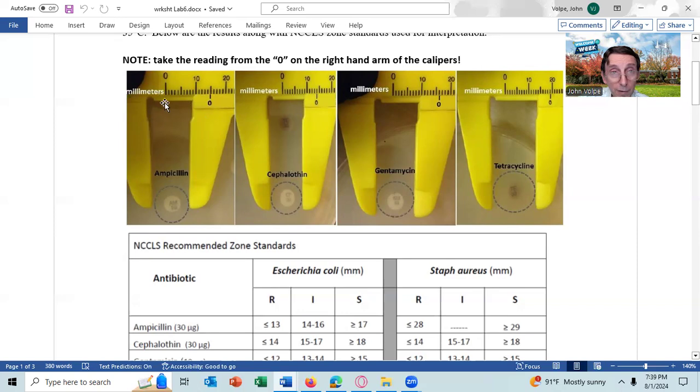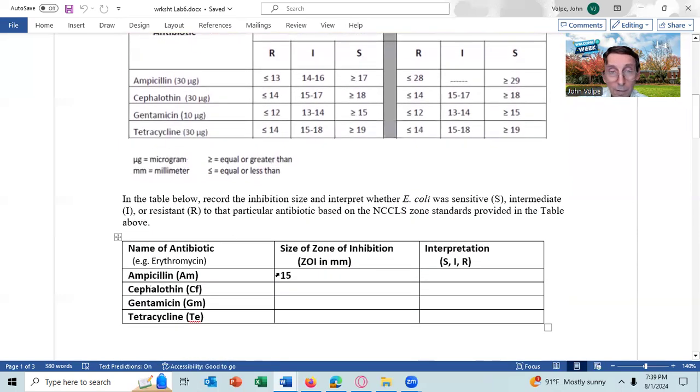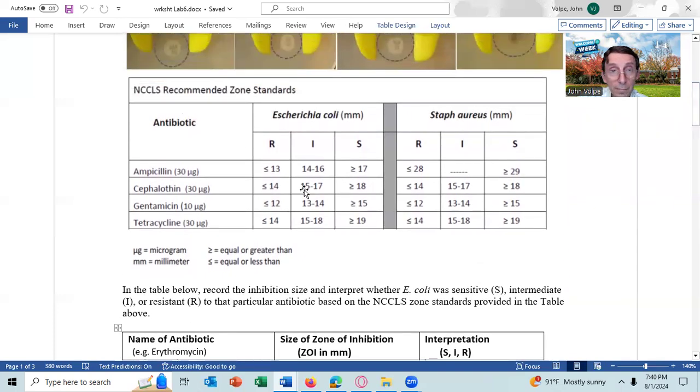You measure from 0 to 0. And the first one is very close to 15 millimeters, which I've got put in there. And then you use the interpretation of the table for ampicillin. And 15 millimeters will be this result right there.